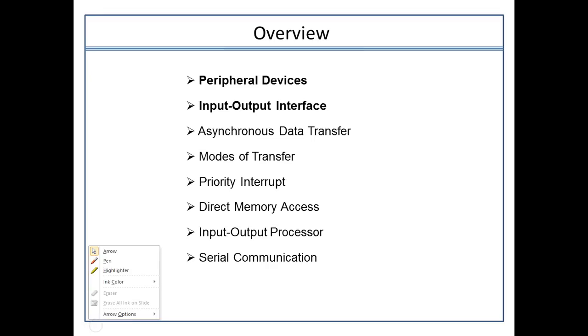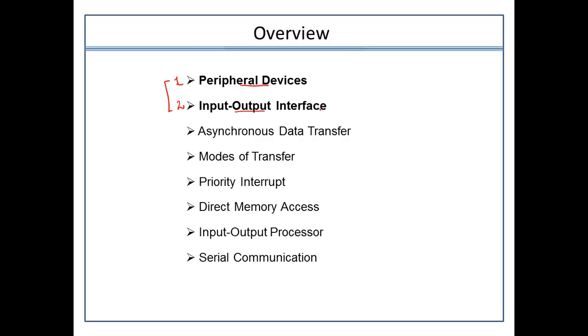So this is the overview part, which will cover the various topics that we are going to discuss in this chapter. As I said earlier, we are going to start our discussion with these two topics, peripheral devices and input-output interfaces.